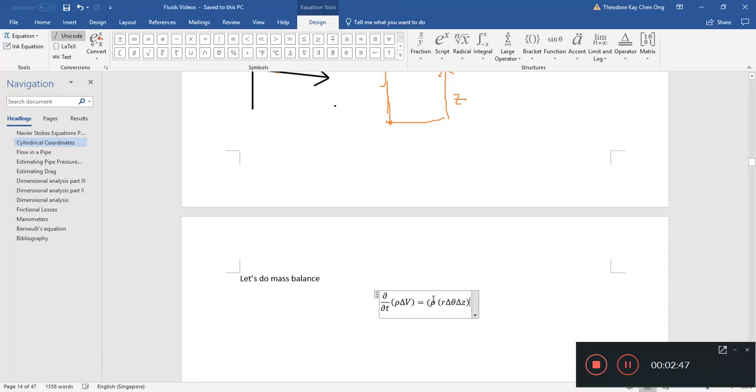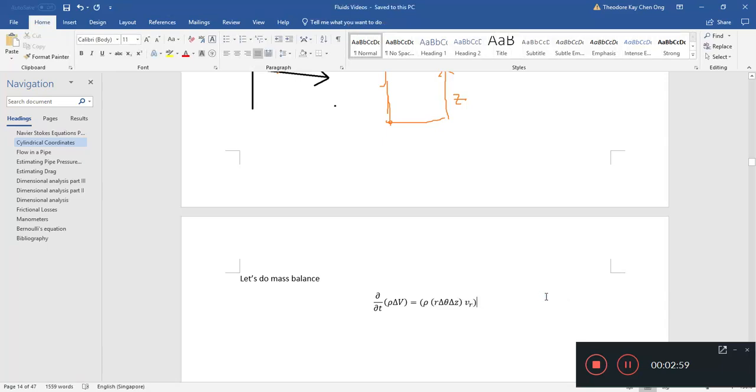So that's rho A, and then we'll use the r velocity. Okay, so this is rho times A times V. So this is the total mass flow rate. Okay, nothing too new there. It's just mass flow rate.